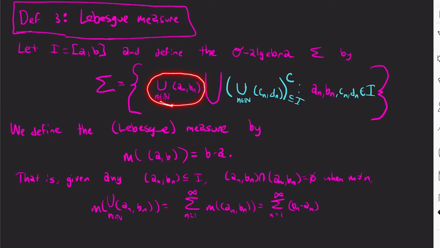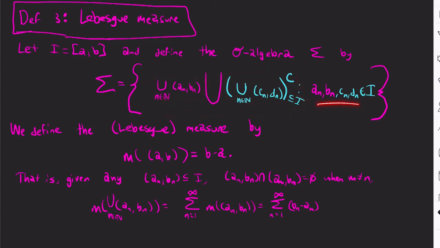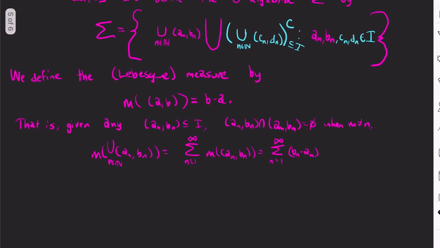That's in the sigma algebra, because sigma algebras are closed under countable union, but they also have to be closed under complement. So in my definition, I also have to throw in all the complements of sets that look like this. And then if I union them together, that gives me an arbitrary set, and all these points are in our original point set.